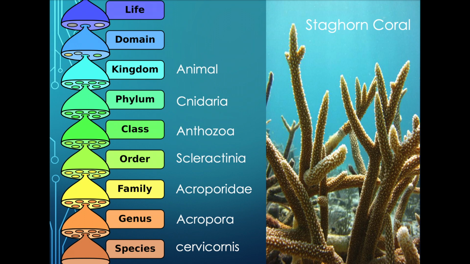So we have kingdom, then we have phylum, then we have class, order, family, genus, species. So your genus species is a specific type of organism that you are learning about. And that genus species, if you guys have ever seen a scientific name, it's what's written in italics.